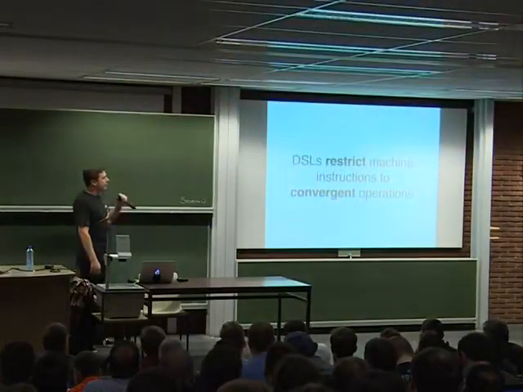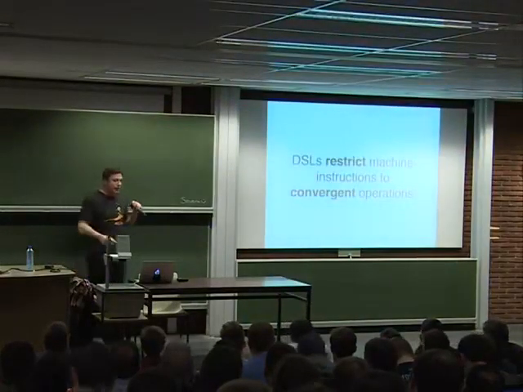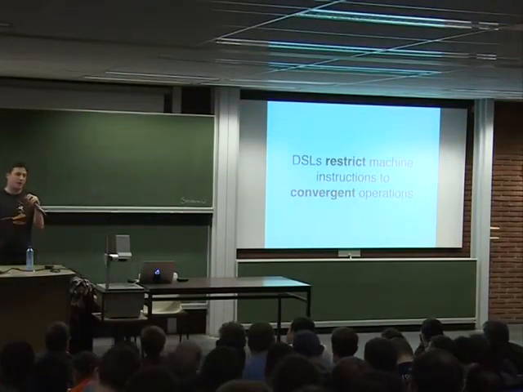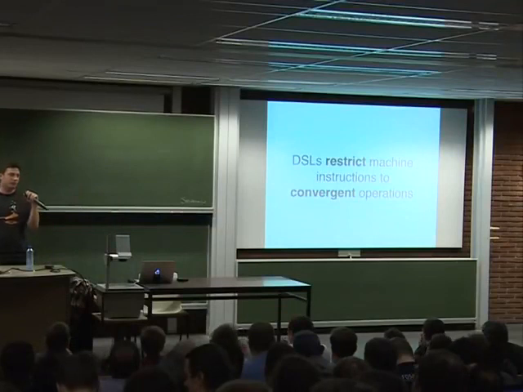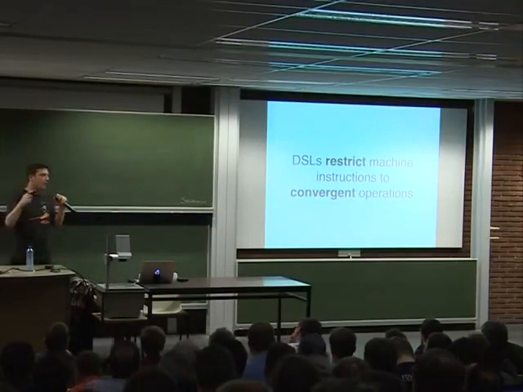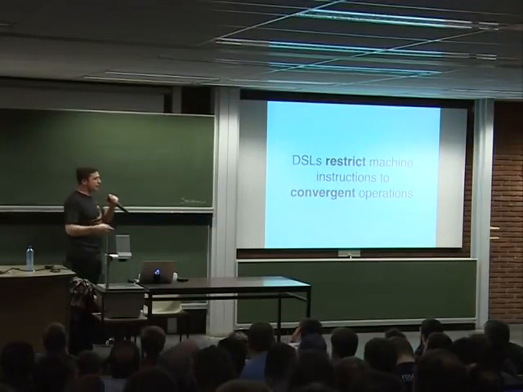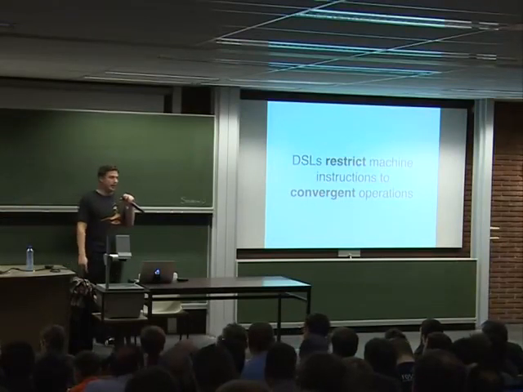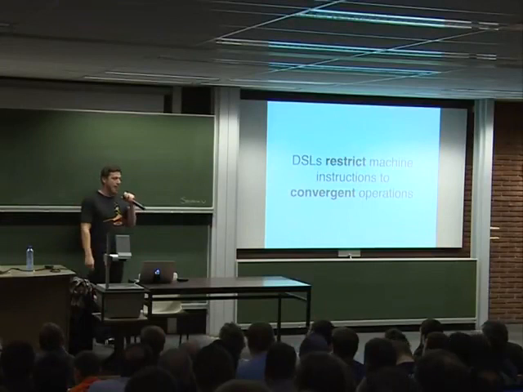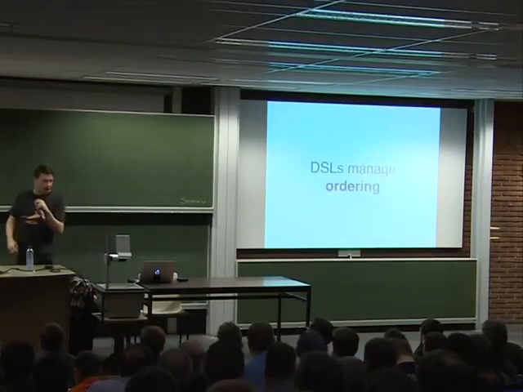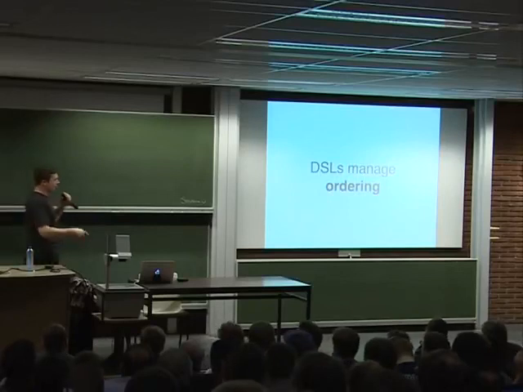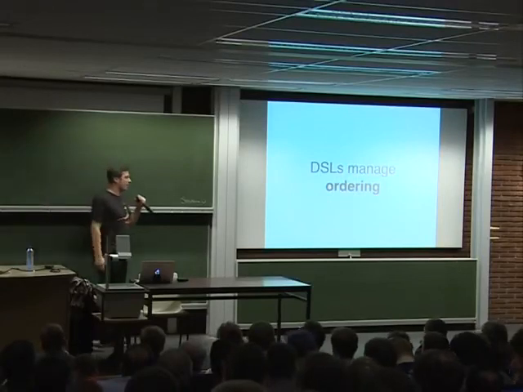What do DSLs do? This is all they do. They restrict the machine instructions that you're running to convergent operations. That's it. So they don't let you make non-idempotent statements unless you're abusing the exec statement, and if you're doing that, stop. And then they also manage order. The different tools have different philosophies about ordering.